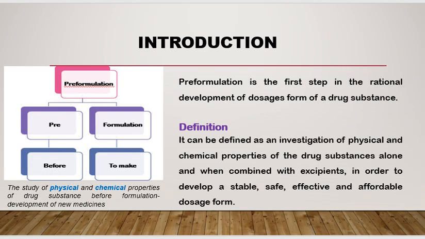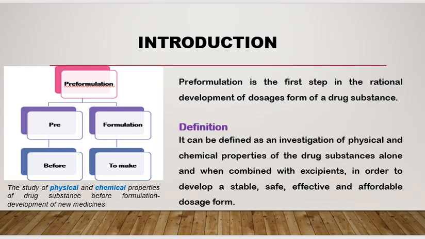So first, we are going to study the introduction of the preformulation studies. As the name suggests, it consists of two terms, that is pre and formulation. Pre, as we know, means before, and formulation means to make anything. So this preformulation can be defined as the study or the investigation of the physical and the chemical properties of the drug.